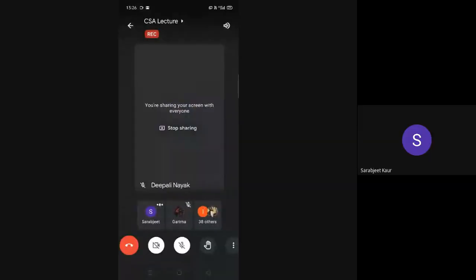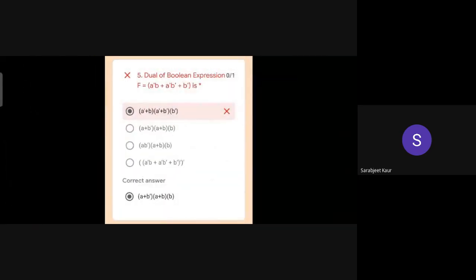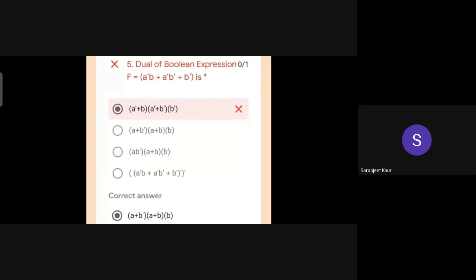Okay, so this was a question about the dual and the complement. I would like to tell everybody that there is a very small difference between a Boolean dual and a complement. When we are required to find the dual, then we only need to replace the AND sign with the OR sign and the OR sign with the AND sign.